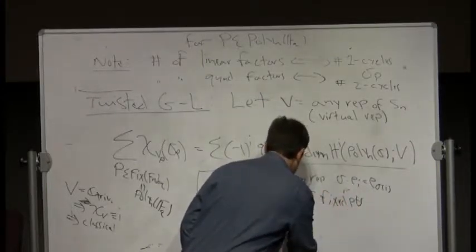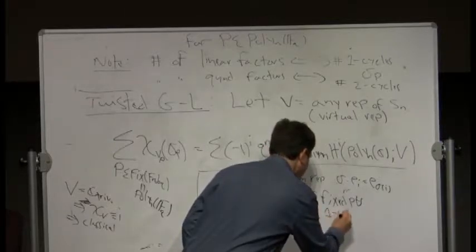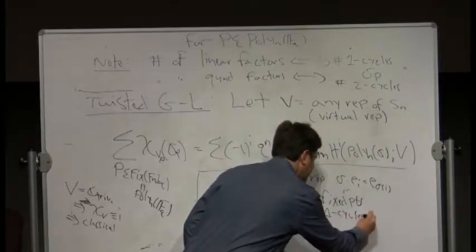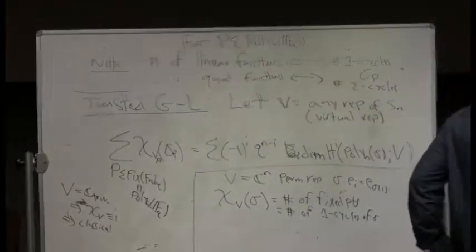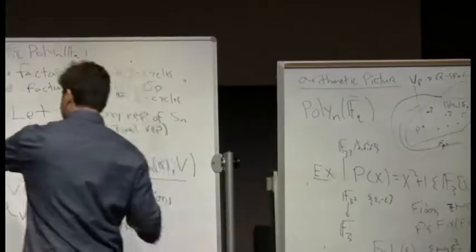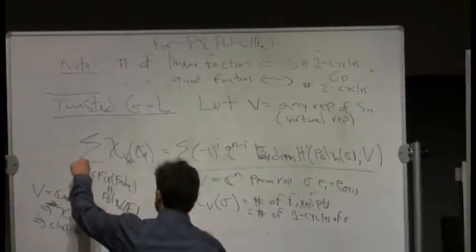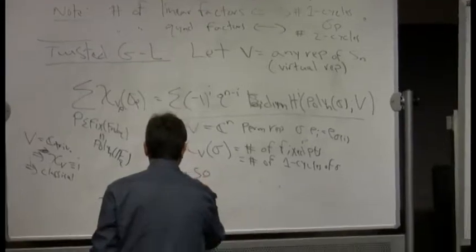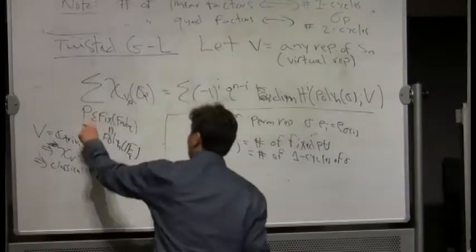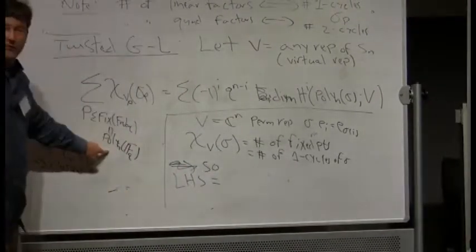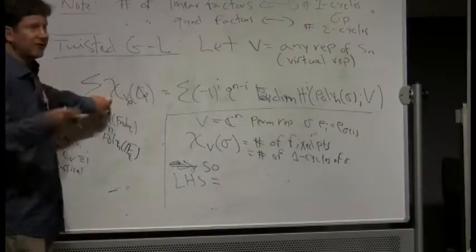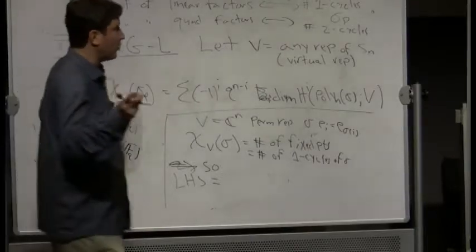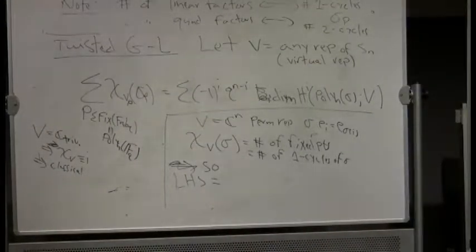Which is just the number of one cycles of my permutation. So what I'm getting out of this formula is that the left-hand side, I'm adding up for each polynomial over Fq the number of fixed points of Frobenius, the number of one cycles. That's the number of linear factors.